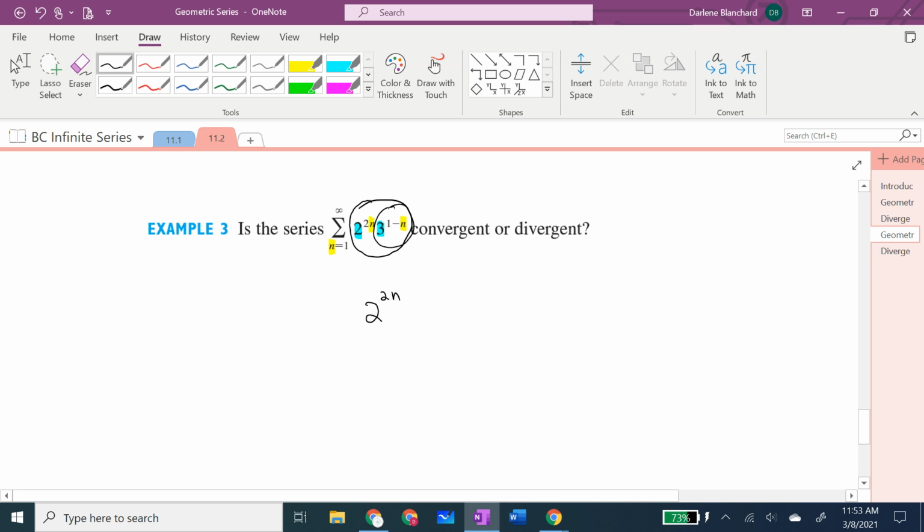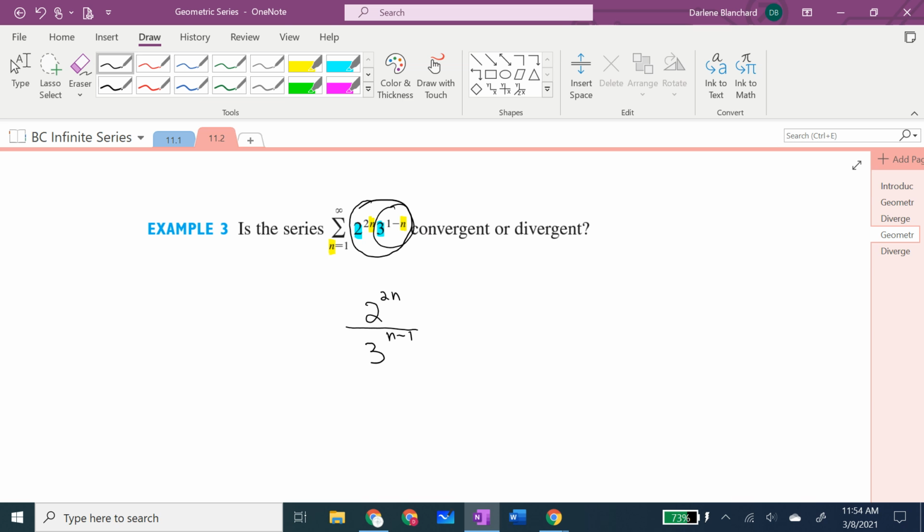I'm going to make the base 3 go to the denominator, and that changes the sign, so it's now n minus 1 instead of 1 minus n. And the temptation is to look at that and say, it looks like r is 2/3.